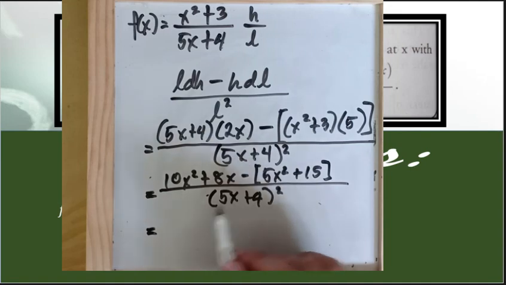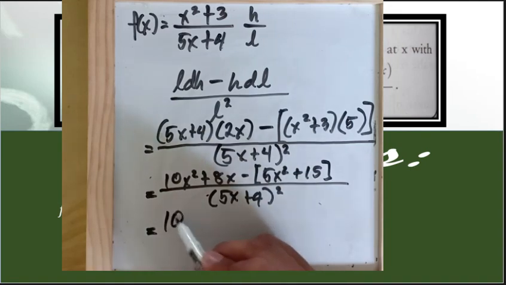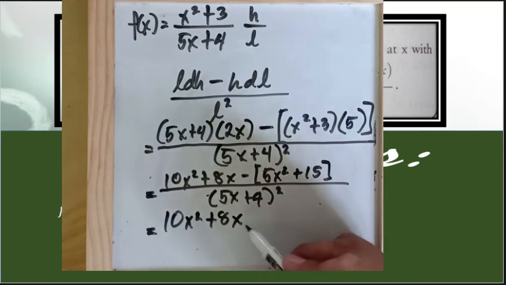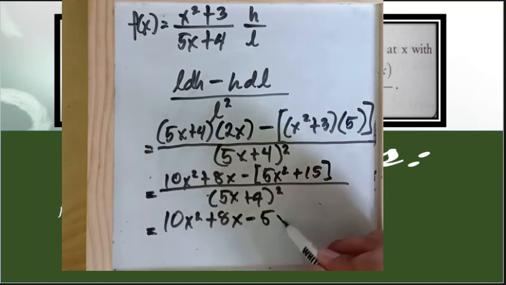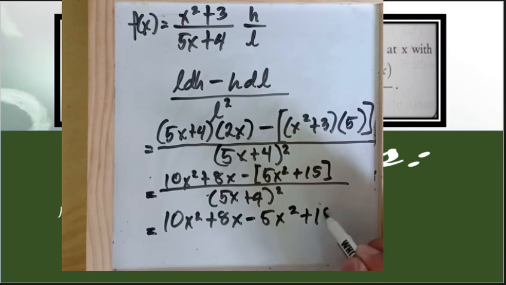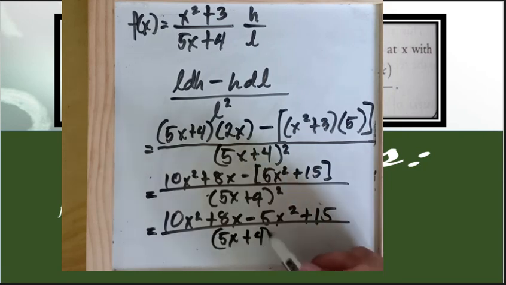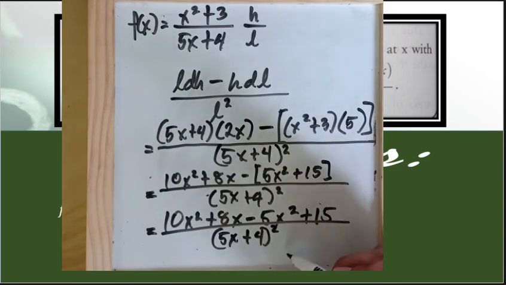Then let's simplify more. We have 10x squared plus 8x minus 5x squared plus 15 all over 5x plus 4, the quantity squared. And now for the final answer, that's your f prime of x.